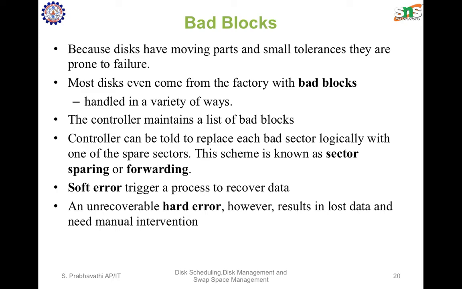What happens when we store information in a sector and, as time passes, the sector gets corrupted? How does the operating system handle that corrupted sector? It handles it by means of something called sector sparing or forwarding.